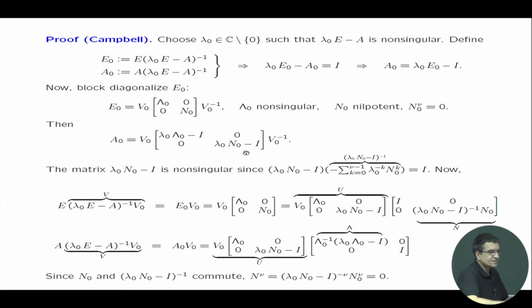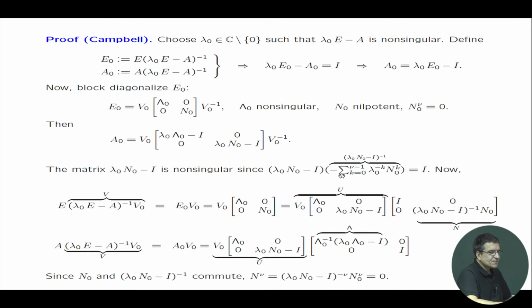And this block is non-singular, as is always the case if we add or subtract a nilpotent matrix from the identity matrix. This is always the case: if you have a nilpotent matrix and subtract or add it to the identity matrix, you get an invertible matrix. And here is the formula for the inverse.